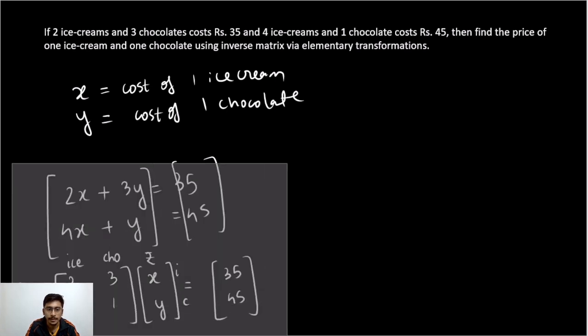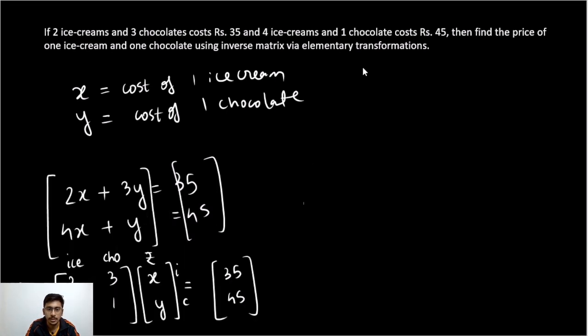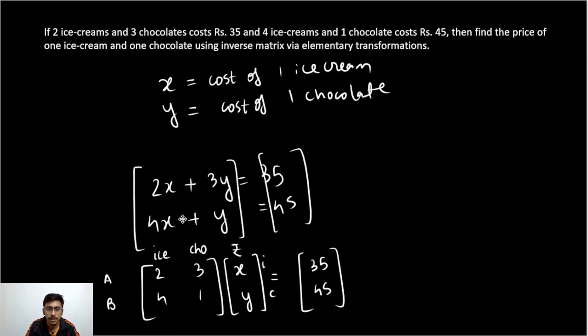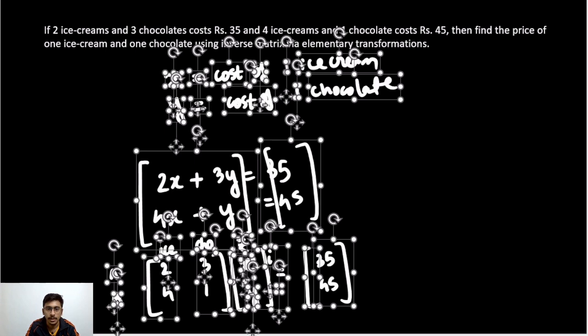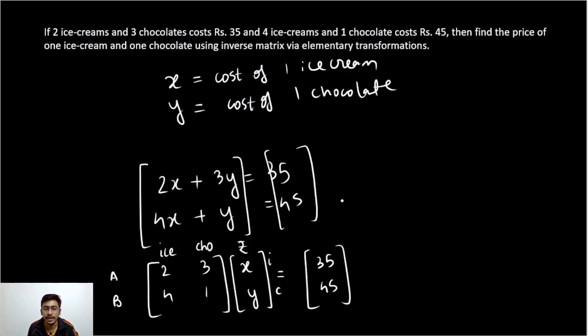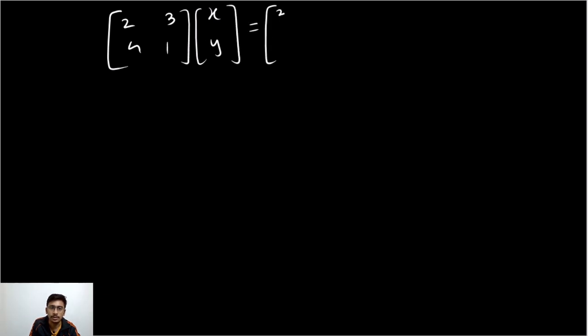So finally what we are getting is this equation in the form of a matrix. To understand how row and column transformations work, let's write down this matrix here: 2 3 4 1, times x and y, gives us 35 and 45. Right? This was our equation.